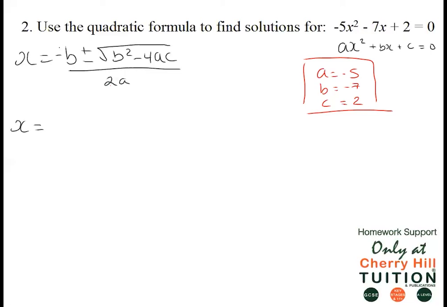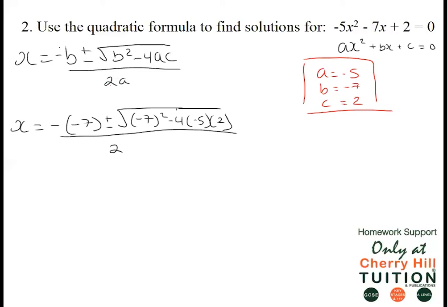So x is equal to minus b, and remember to always use brackets when making your substitutions, plus and minus the square root of b squared minus 4 multiplied by a, which is minus 5, multiplied by c, which is 2, all over 2 multiplied by a, which is minus 5.